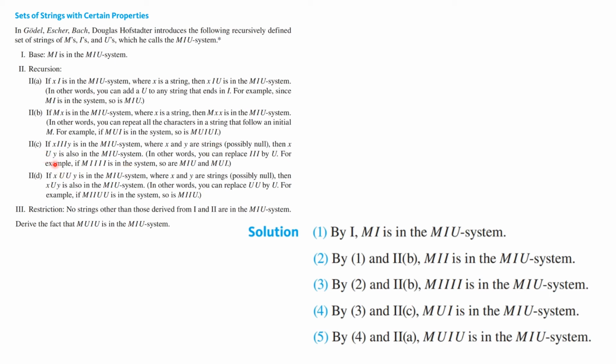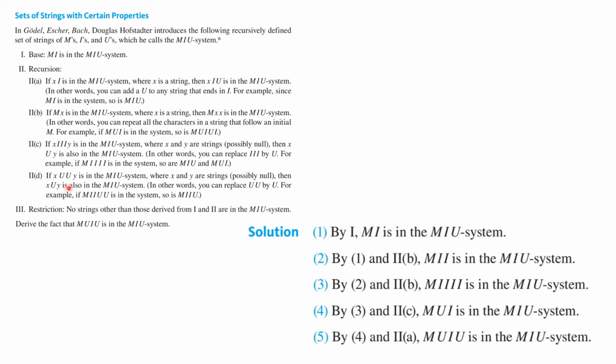If XIIIY is in the MIU system, where X and Y are strings, possibly null, then XUY is also in the system. In other words, you can replace three I's by U and still have something in the system.